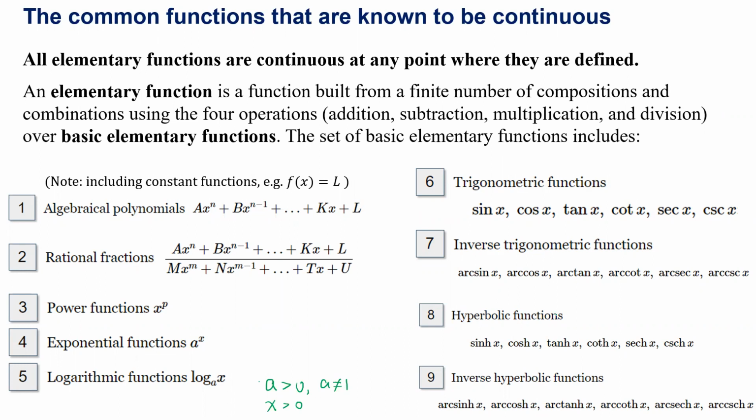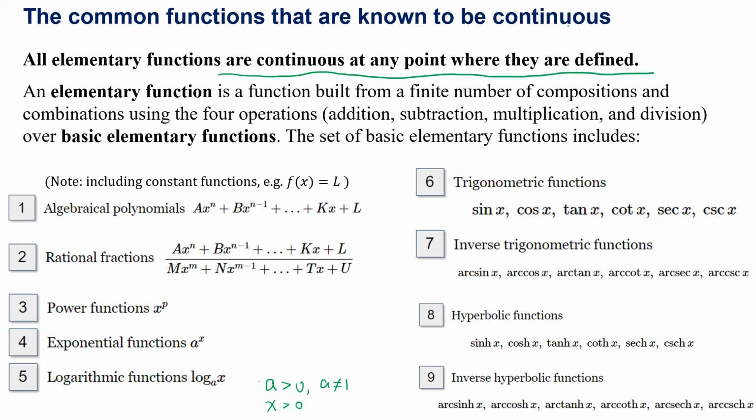Also, the hyperbolic functions are also basic elementary functions. And also the inverse hyperbolic functions are basic elementary functions as well. So these functions are continuous at any point where they are defined.